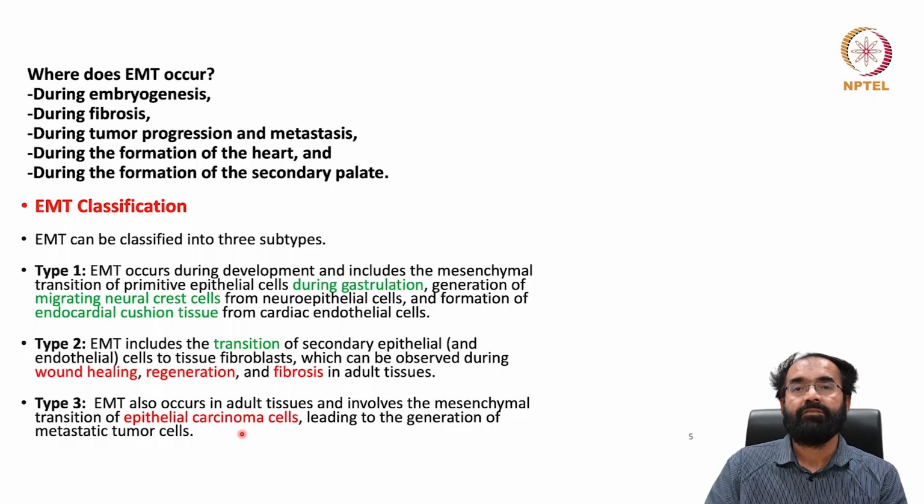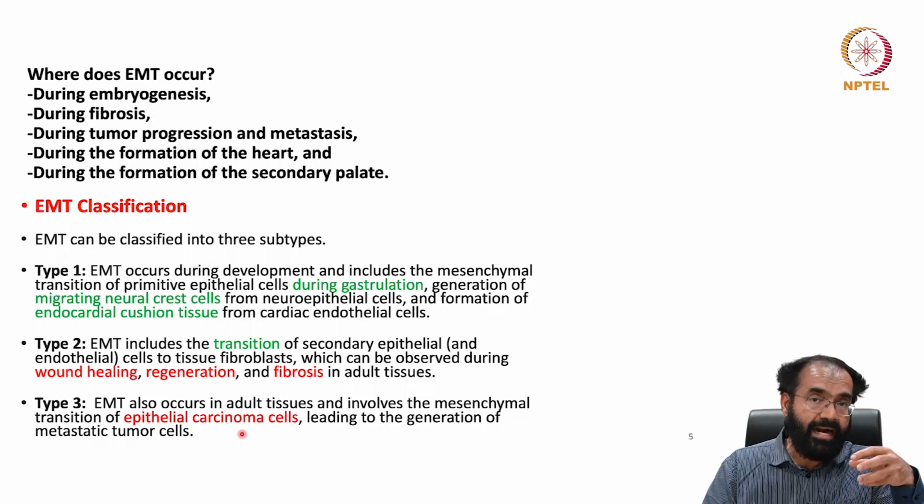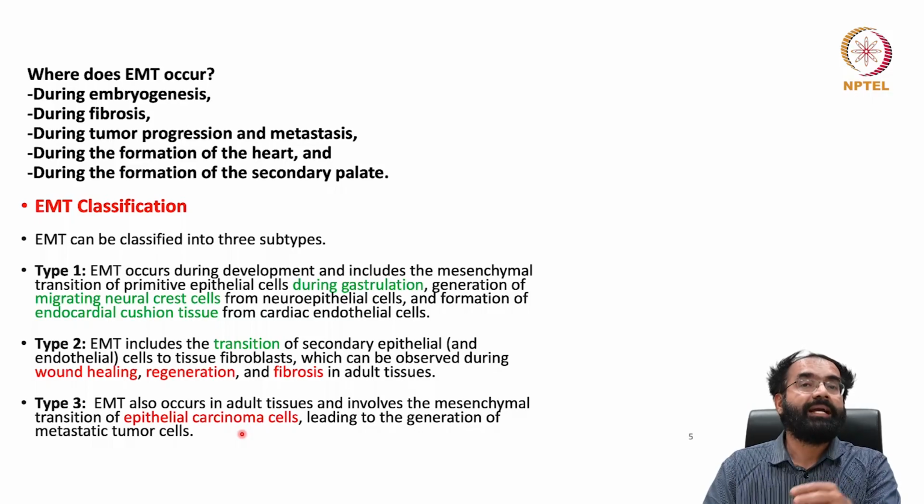So in a nutshell, an epithelial, stationary or attached cell now becomes a migratory cell in a process called EMT. The process is called epithelial to mesenchymal transition, but it is facilitated or aided by gene expression events.